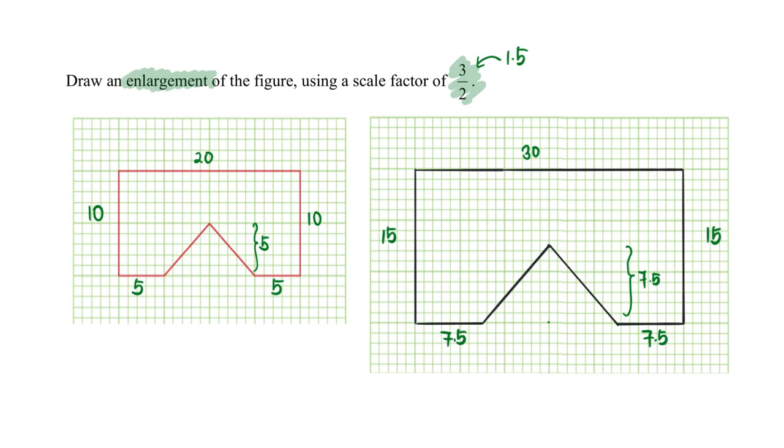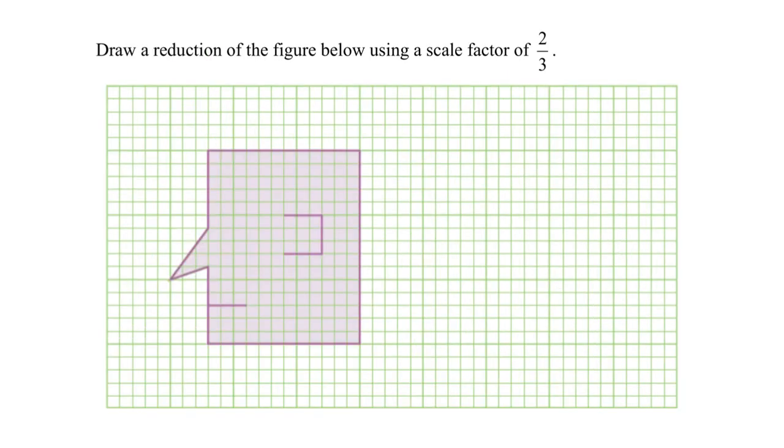And let's move on to the next example. Alright, next example, we would have to draw a reduction. And it is indeed a reduction because the scale factor is less than 1, 2/3.